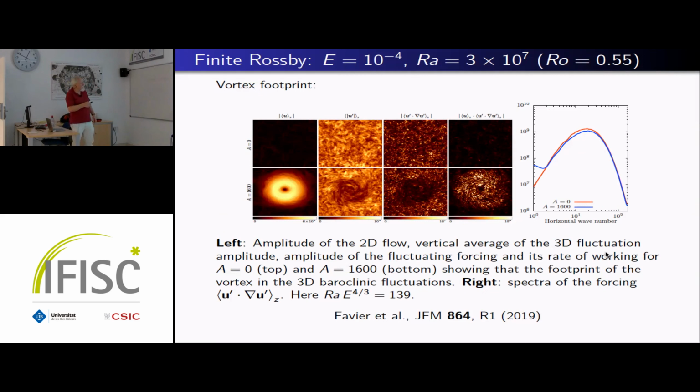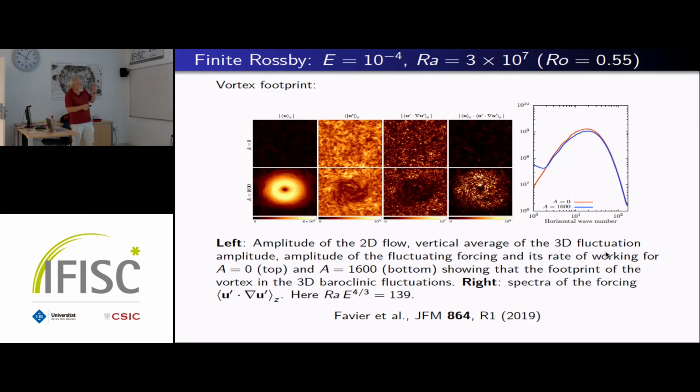So this is the case with no vortex superposed. Here is the large amplitude vortex. And you can see that if you look at the kind of signature of the presence of the vortex, you see it in the fluctuations, right? So this is the small scale fluctuation. That was the source term for the 2D barotropic equation. Here is the rate of working by that term.